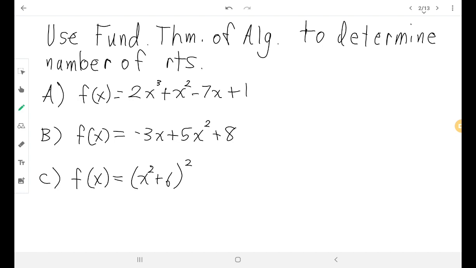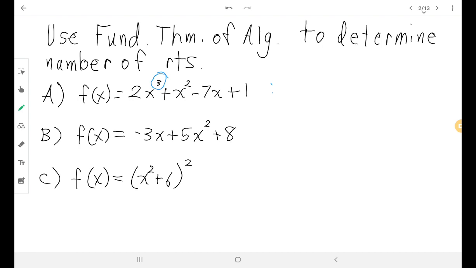But the fundamental theorem of algebra says that if you want to know the number of roots or the number of zeros or the number of solutions, all you have to do is look at the degree of the polynomial. So in A here, there's the degree of the polynomial.